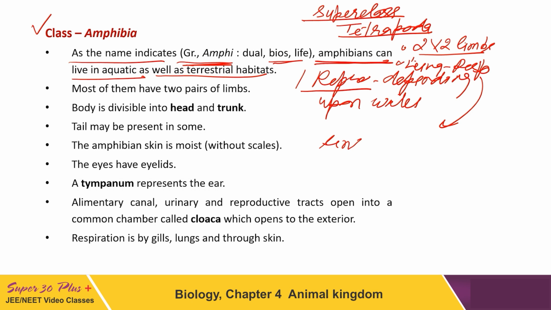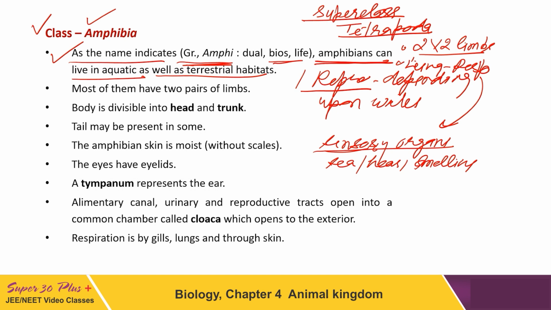They have sensory organs which can see, hear, and even smell. This is important in the case of amphibians. Now that is Tetrapoda. Now we have to say class Amphibia. That is one thing I told you, important one.